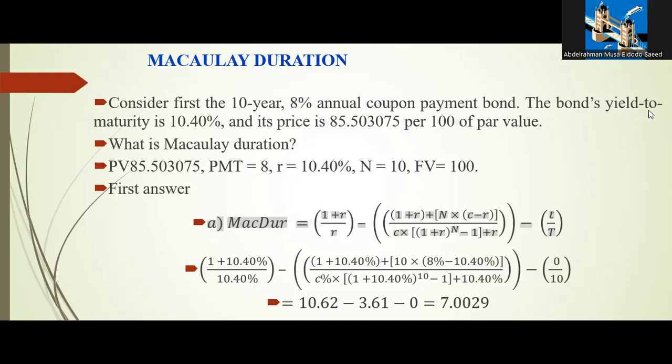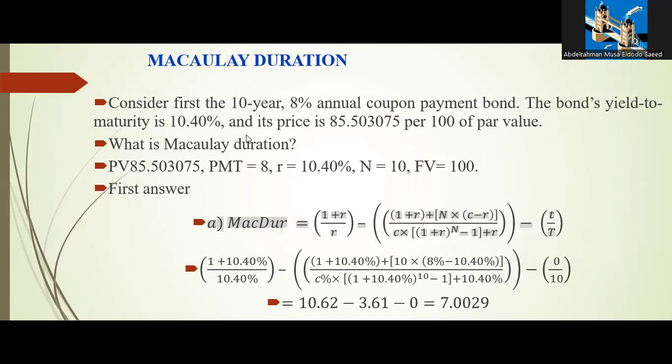The bond yield to maturity, or discount rate or required rate of return, is 10.4%, and its price is 85.503078 per 100 of par value. Par value, sometimes we say, can be face value or future value.